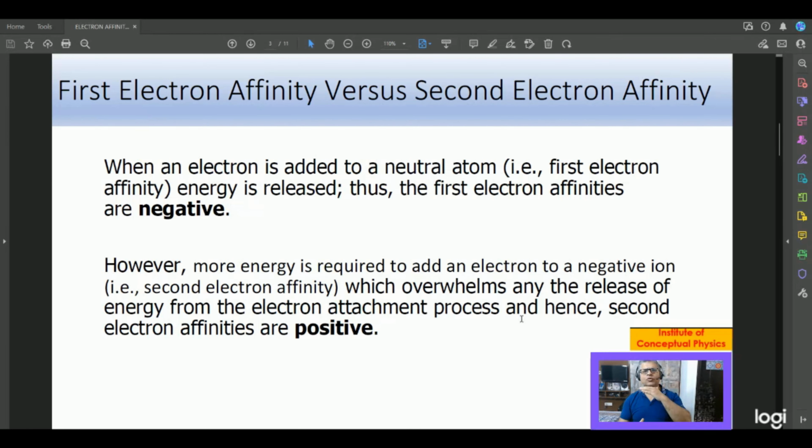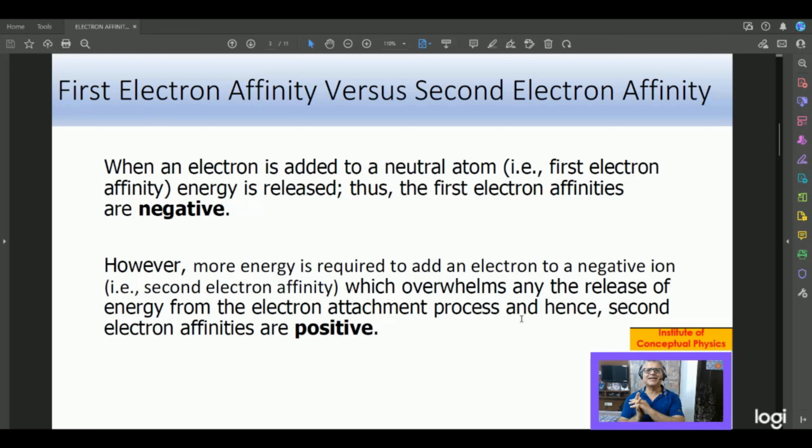Conclusion: when you add the first electron and make the ion, the system loses energy. The sign of the change in energy, the electron affinity, is negative. But the second time, when you add the second electron, the system gains energy, and therefore the sign is positive.